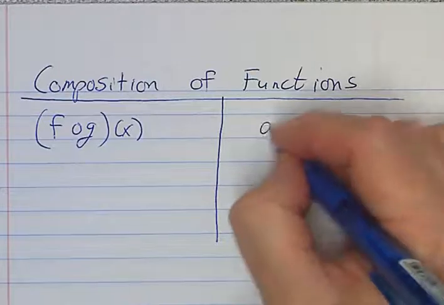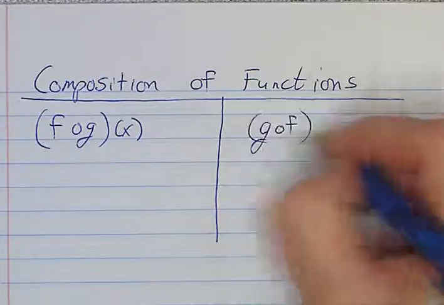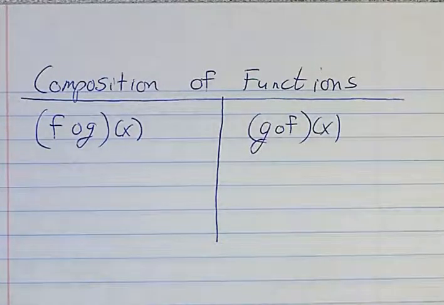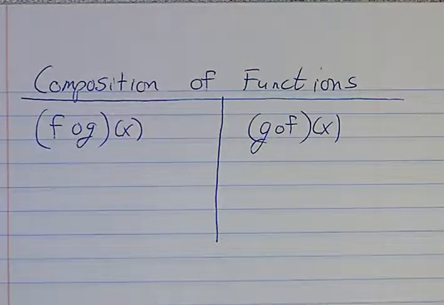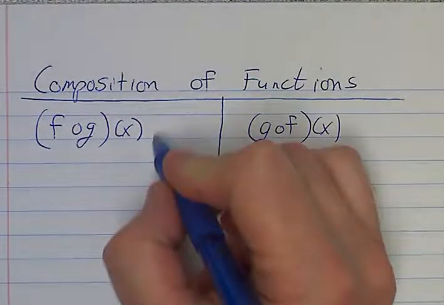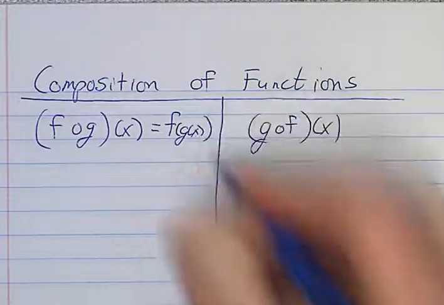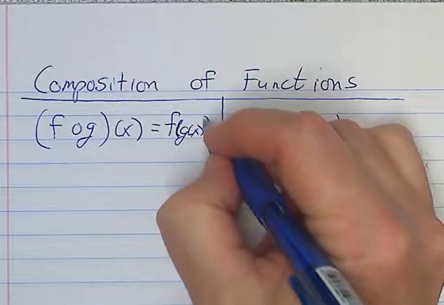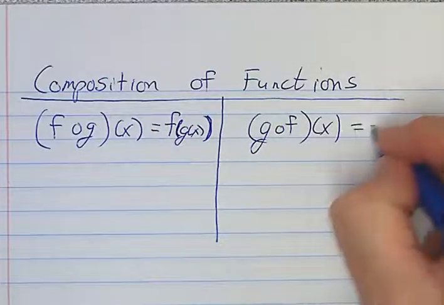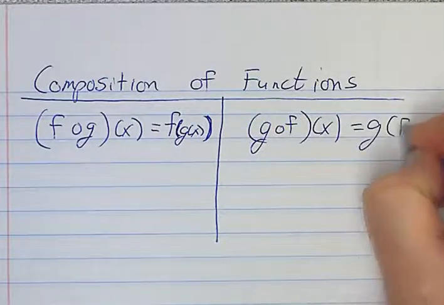Or sometimes they'll do it in the reverse order and they'll do g of f of x. And what we're looking at for this part is basically we've got two things here. Now, sometimes with this one, they'll also do a double parentheses, where you've got f parentheses, g of x. This one, sometimes they'll put g parentheses, f of x.